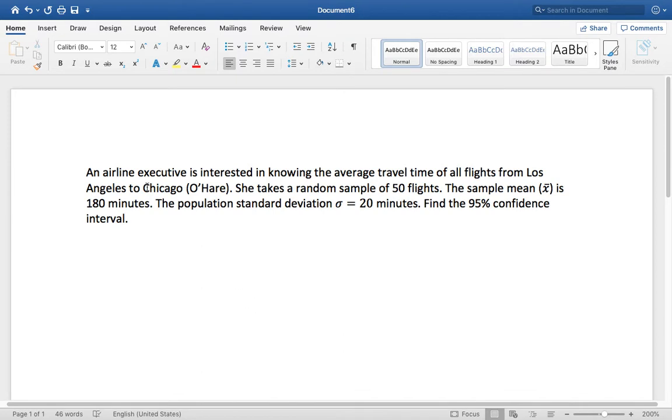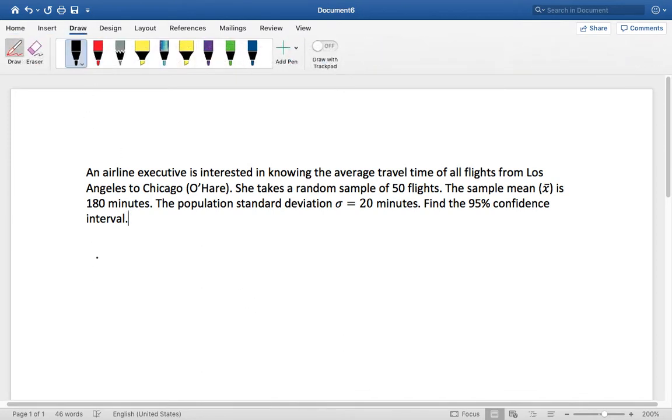Okay, so let's have a look at what information we're actually given here. We're told that we don't have the population data, this would be the population. We do have a sample though, a sample of n equals 50, and we know that the sample mean, the average flight time, is 180 minutes.